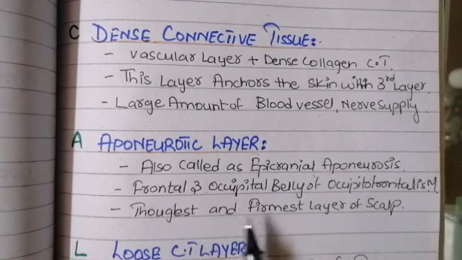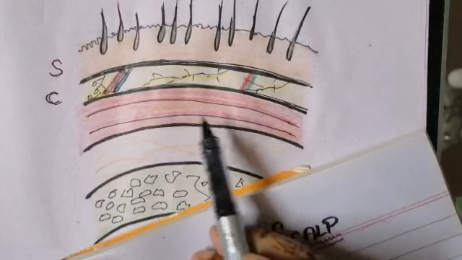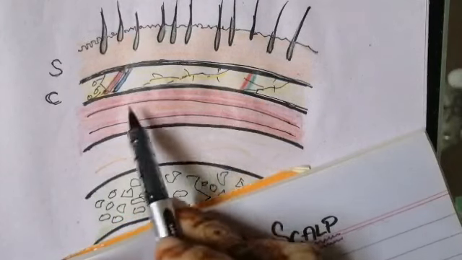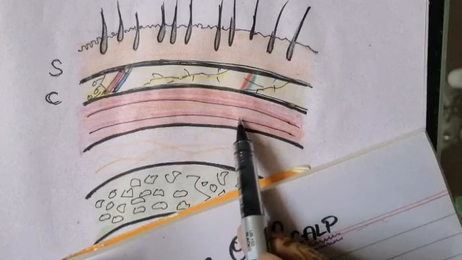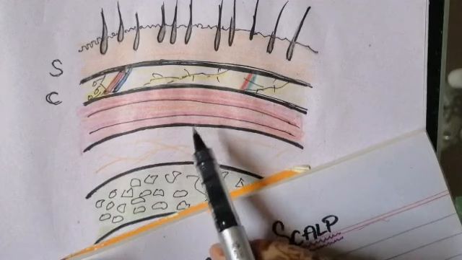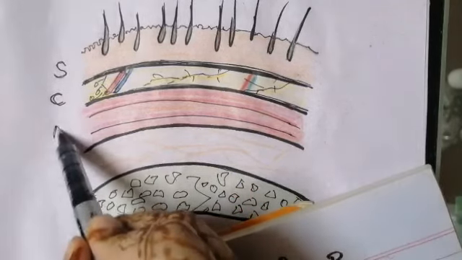Also, this is the toughest and the firmest layer of the scalp. So now we know that the 2 bellies of the occipitofrontalis muscle, the occipital belly and the frontal belly, can be seen in the third layer, the galea aponeurotica, the toughest layer of the scalp.